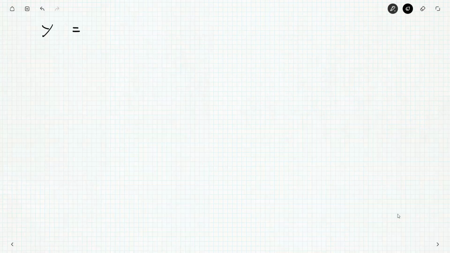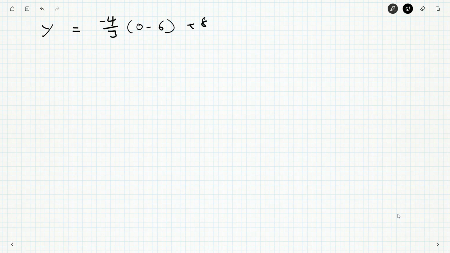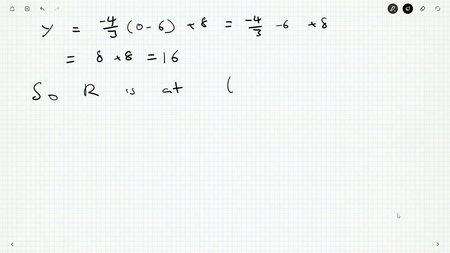So y is equal to negative 4/3 times (0 minus 6) plus 8. So that's negative 4/3 times negative 6, plus 8. Negative 4 times negative 6 is 24. 24 over 3 is 8. 8 plus 8 is 16. So R is found at (0, 16).